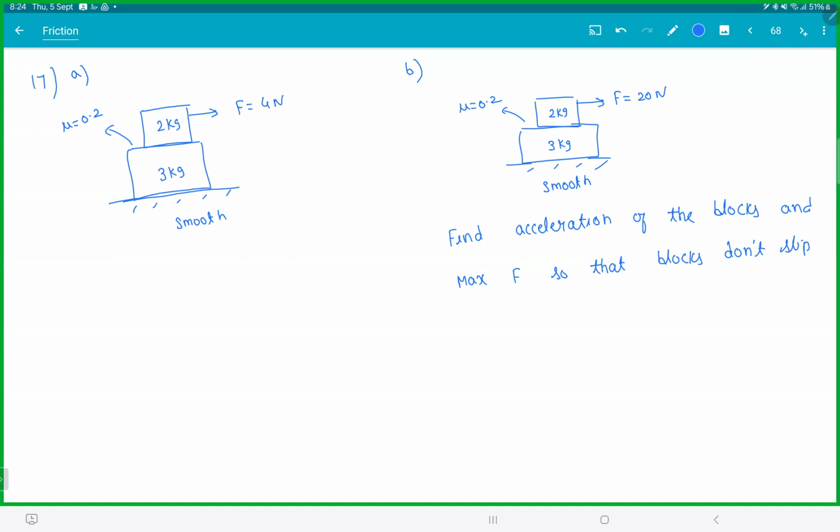When I catch you and pull you, am I applying force on your whole body or only on your hand? I meant, are we applying it on the 3 kg block or on the 2 kg block? In the force diagram, where does it look? On the 2 kg block. So what makes you think it is 3 kg in any way? No, I just wanted to confirm.